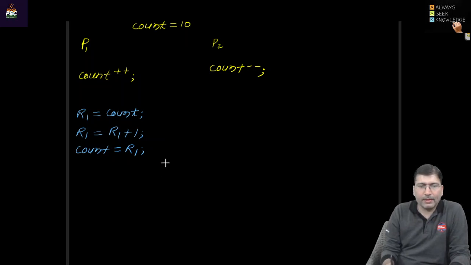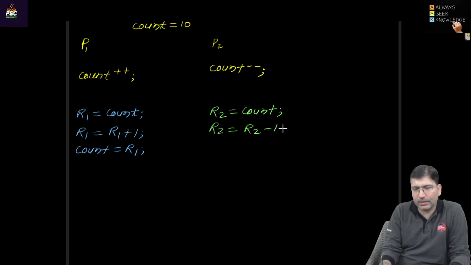Okay. Similarly, the P2 process can also do a similar kind of thing. So let's say P2 is incorporating a register R2 and it is loading the value of count, and the R2 value is getting decremented by 1, so it is R2 minus 1, and then the count variable is getting updated with the value of R2.